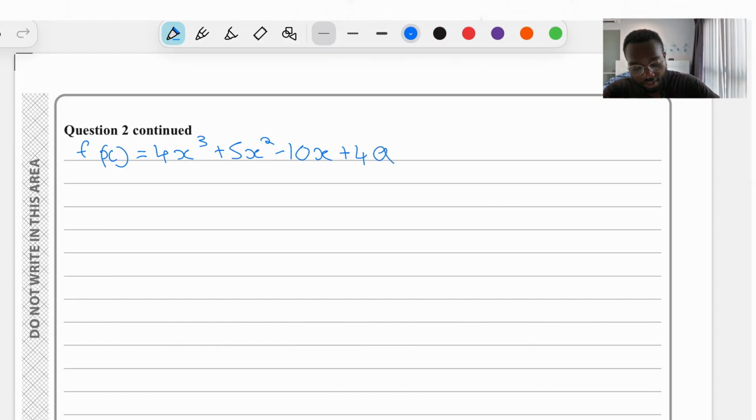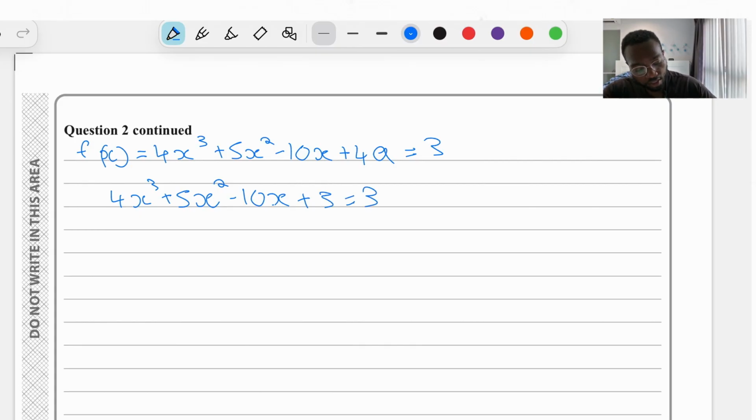And then we know that is equal to 3. We now know our a value is 3 over 4, so therefore we would get 4x cubed plus 5x squared minus 10x, and then 4 times 3 over 4. Okay, 4 times 3 over 4 is just going to be a positive 3. And then we have the equals to 3 as well.